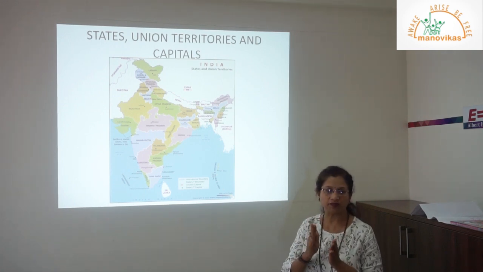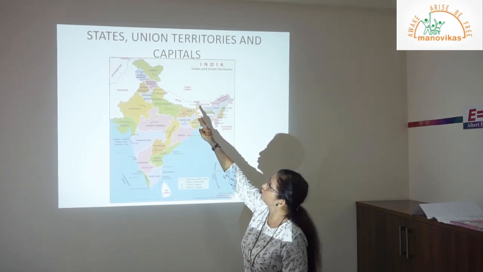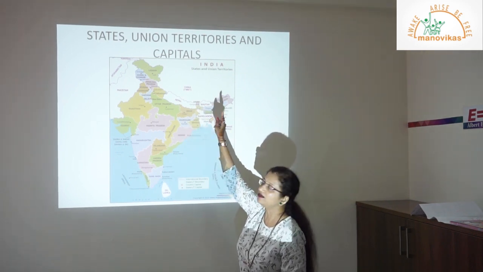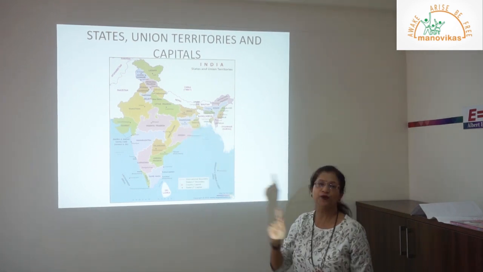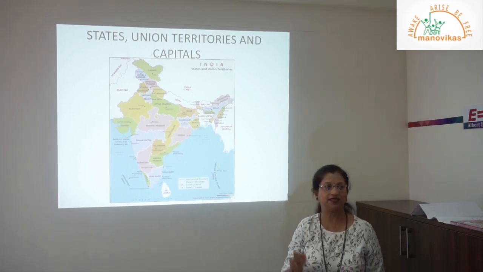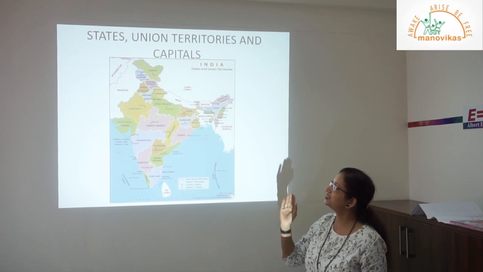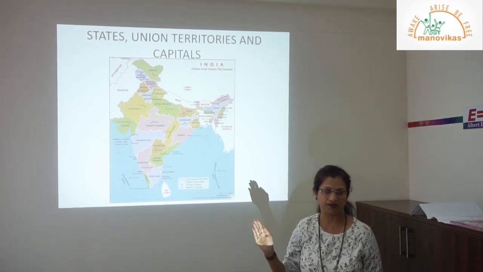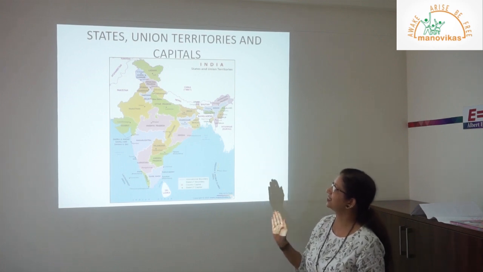So Jammu and Kashmir is divided here, can you see it, into Jammu and Kashmir and Ladakh. So no more is Jammu and Kashmir a state. Maybe in your textbook it is a state, but no more, it is a union territory.